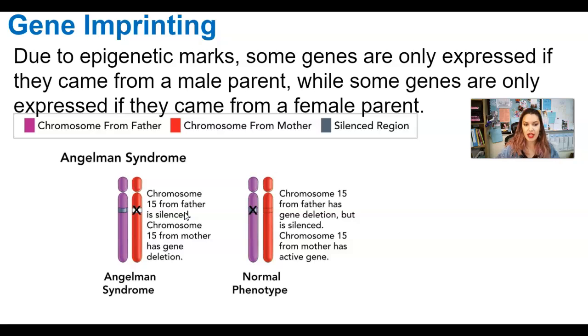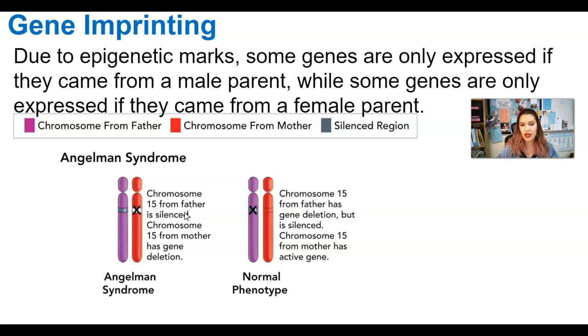And that means that Angelman syndrome will be expressed, and this is just, there's muscle issues and development issues and things like that. So the child doesn't develop typically, is how they would refer to it.